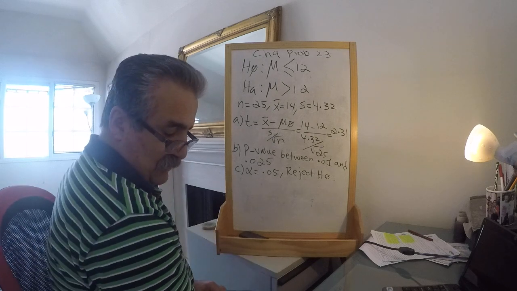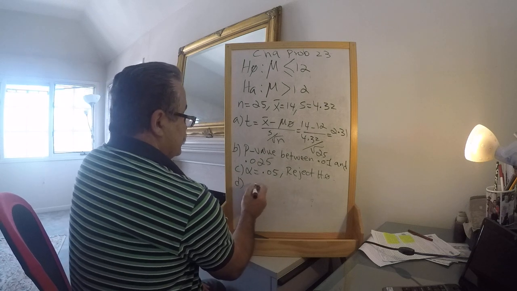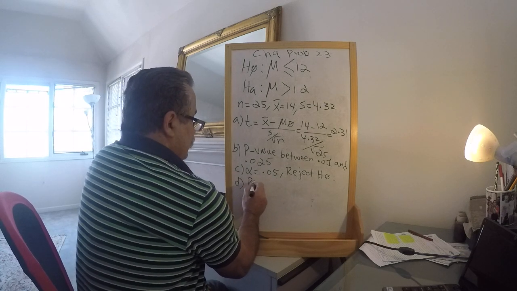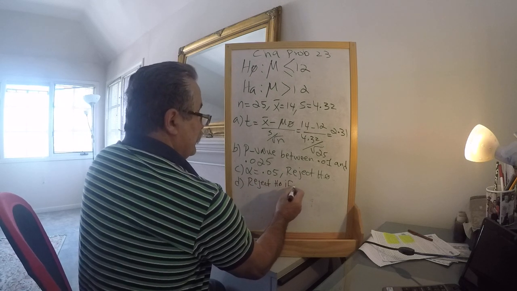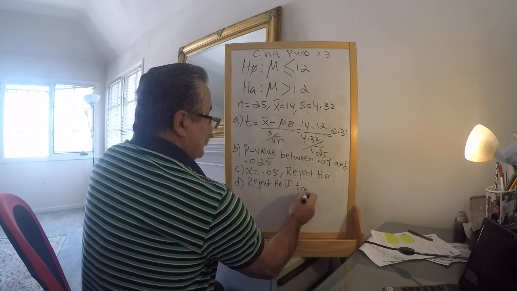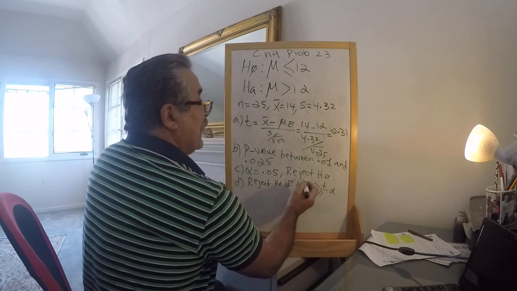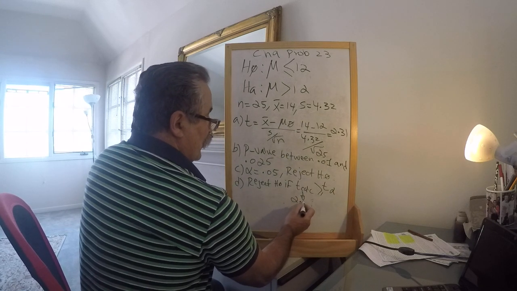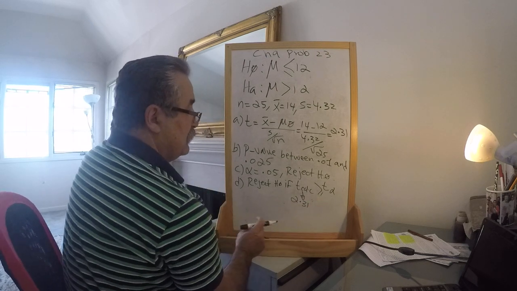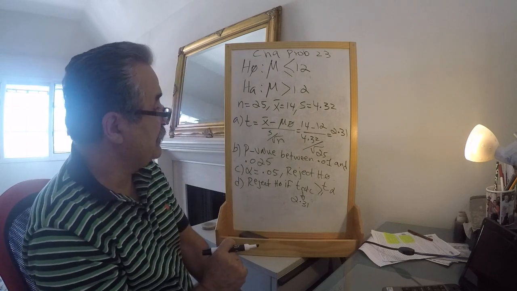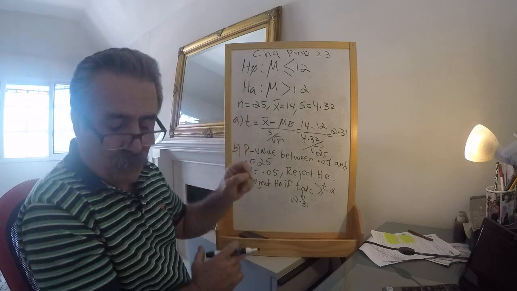So using the critical value, the rejection rule is this: reject H0 if T calc is greater than or equal to T of the alpha. T calc in this case is 2.31. Let's find the T of the alpha, which is 0.05 for degree of freedom 24.